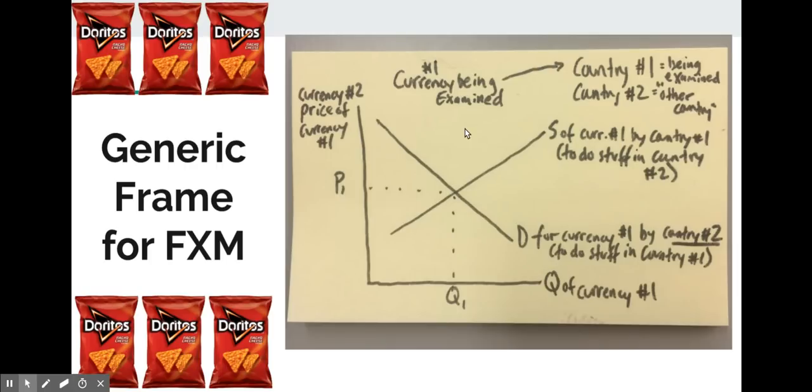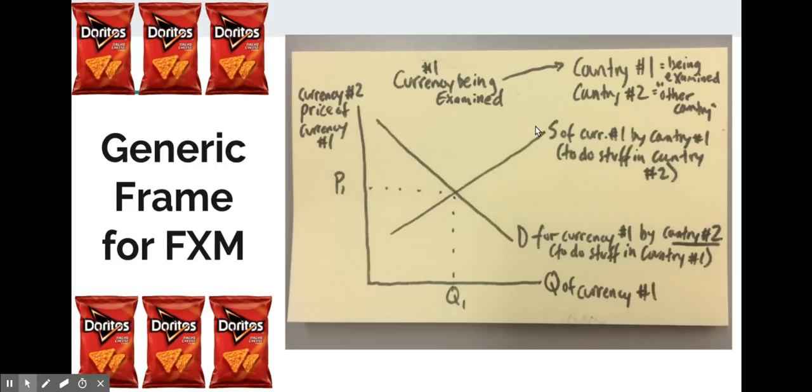Now, the supply and demand curves can be a little bit tricky, but if you follow this frame and always come back to it, it'll start to stick. So the supply curve for currency number one from country number one, this is the supply of currency number one by people in country number one that want to do stuff in the other country.